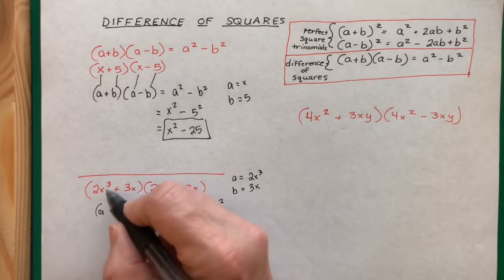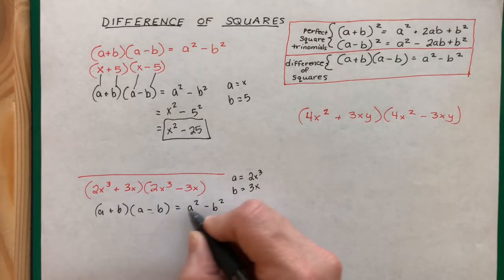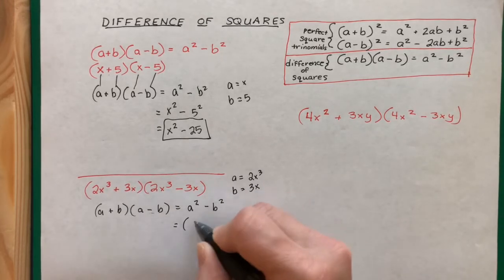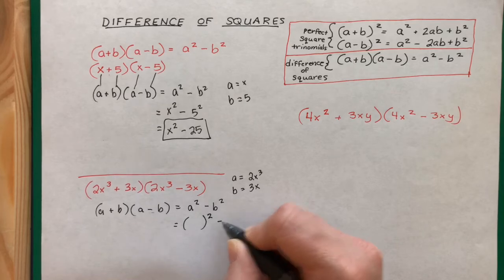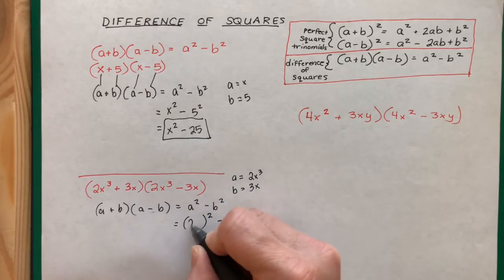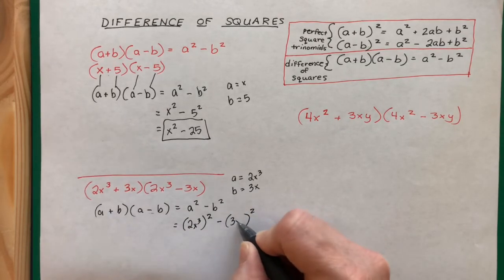So what I have here, that's my original problem. So I'm just going to solve this part over here. A squared minus b squared. So my a is 2x cubed. My b is 3x.